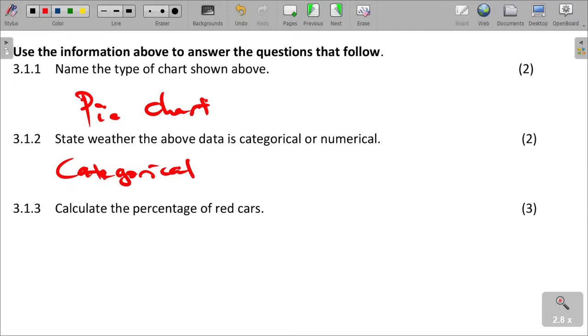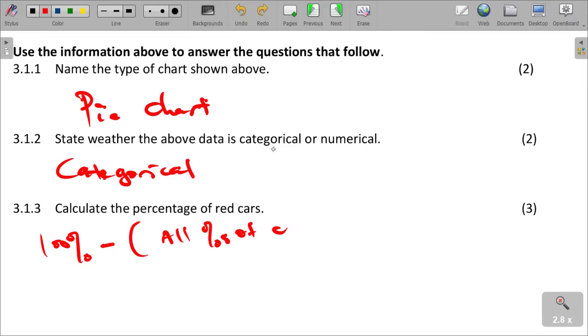Calculate the percentage of red cars. The percentage of red cars is equal to 100% minus all percentages of colors present.